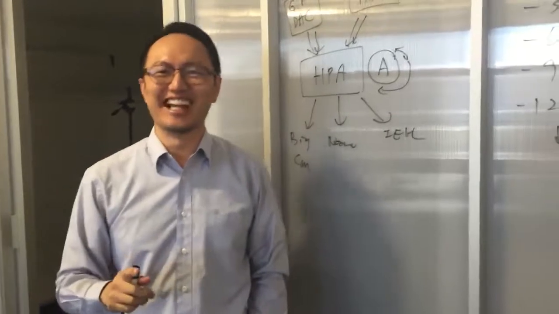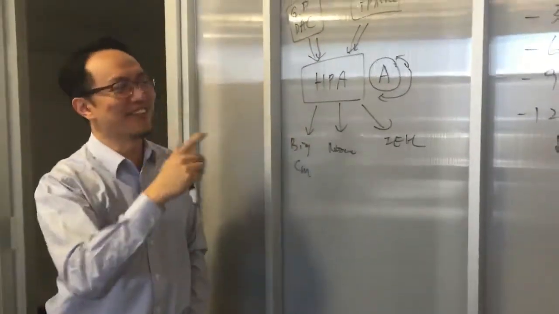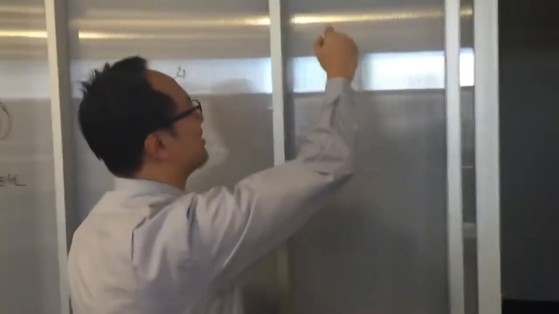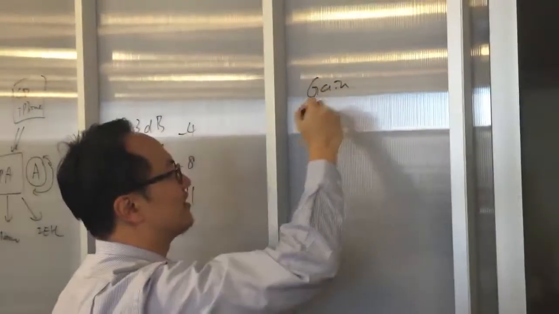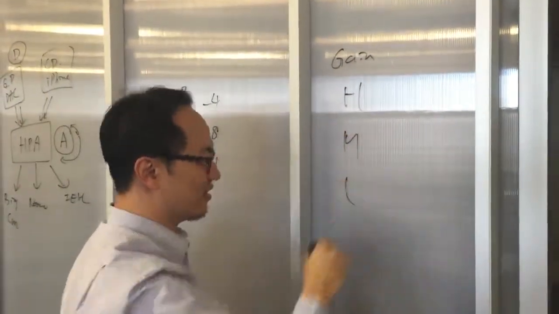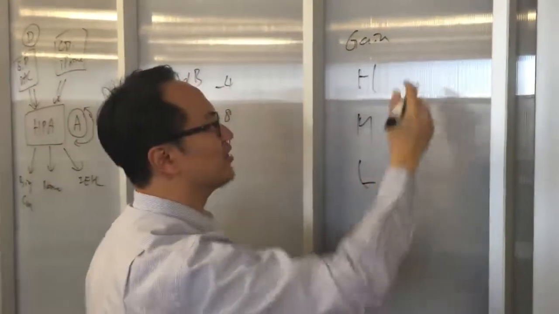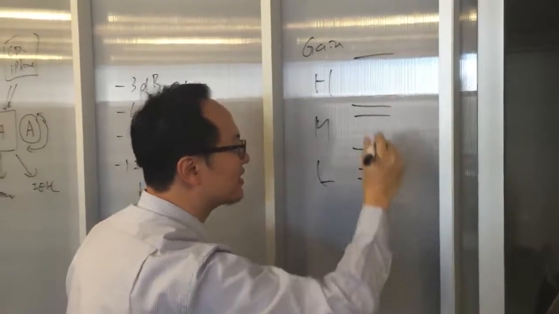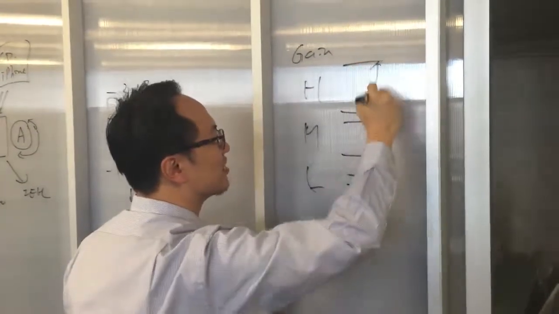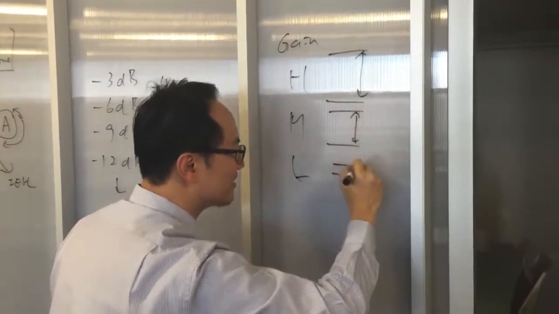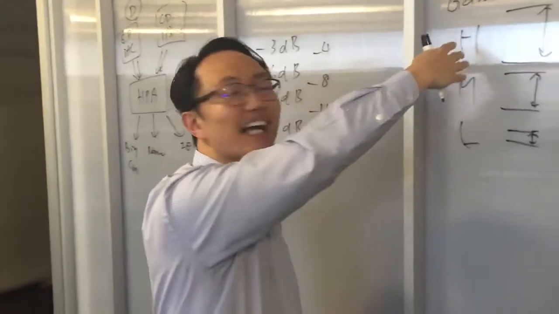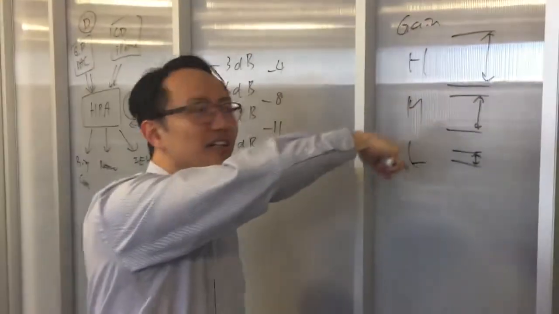Try not to do that, because, for example, you set the gain high, medium, low. You have a room like this. This is much higher, this is medium, this is very low. This is the total room you can swing when you set the different gains.